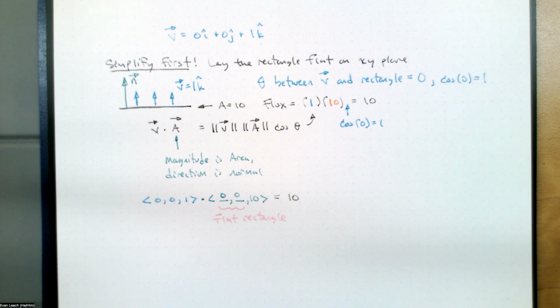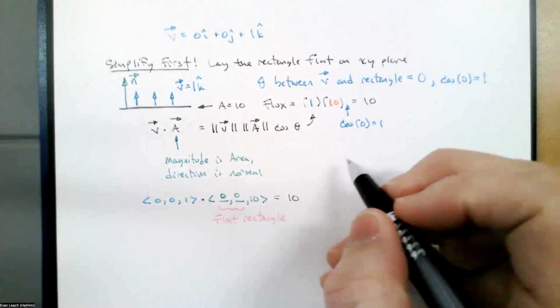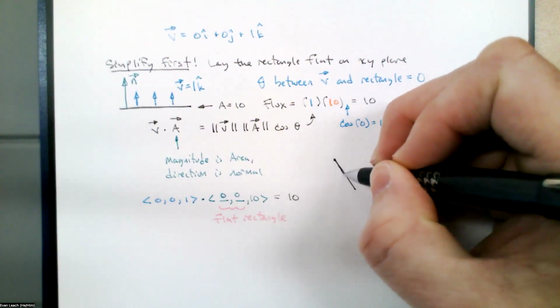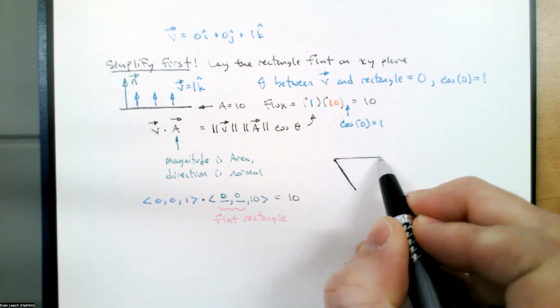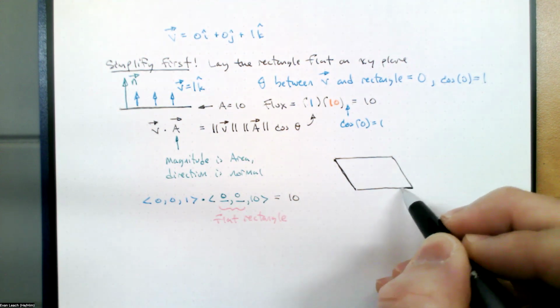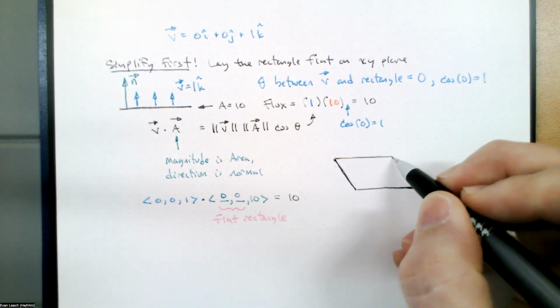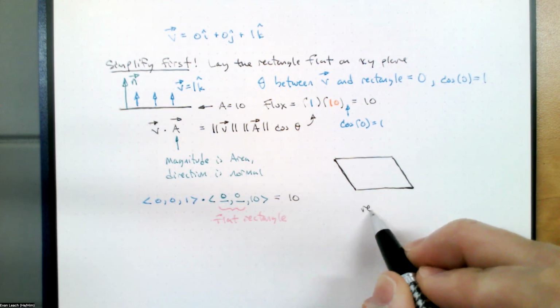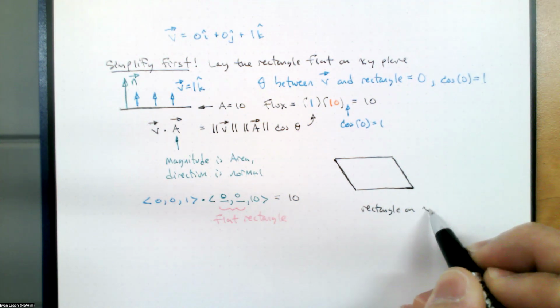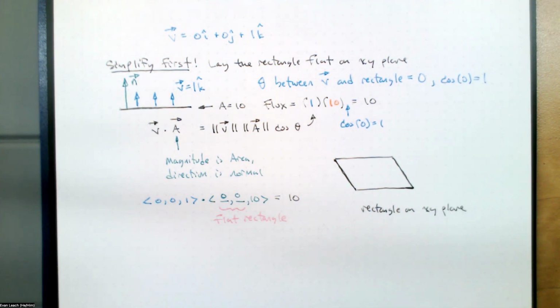Actually, no, this is fine. If we look at this from the top, this flattened out one, we want to make sure that we capture all the things we know.